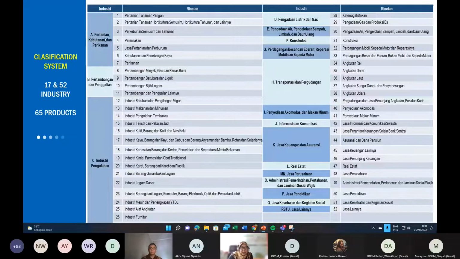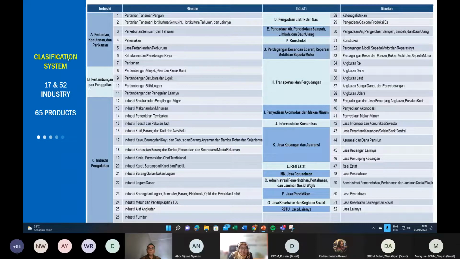In compilation of SUT tables, the classification system is playing a significant role because we have to arrange data based on industries in a column and products in a row.